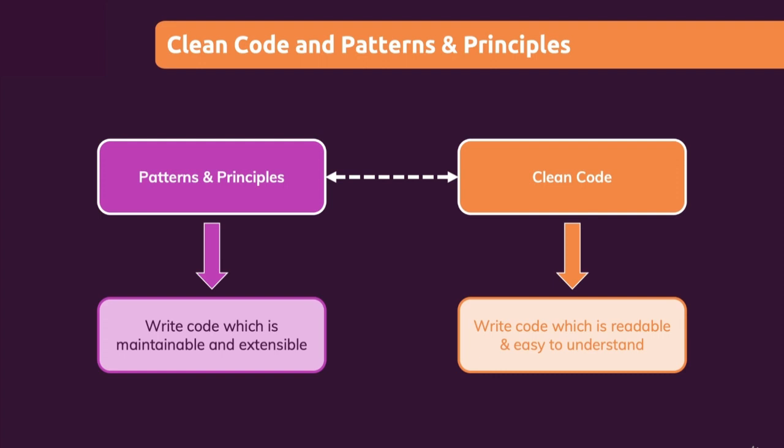So this course really focuses on what makes up clean code, not on all possible patterns and principles you could learn. Of course, there are some which matter a lot when it comes to writing clean code, and I will therefore cover them in the course, but some other principles are not as important from a clean code perspective.